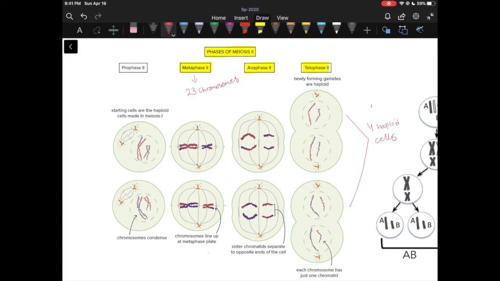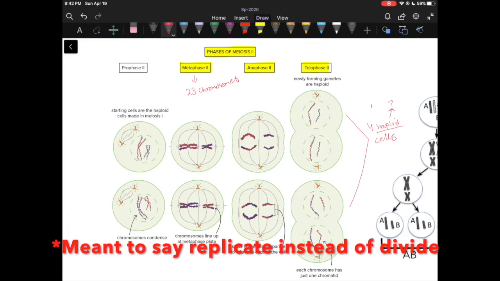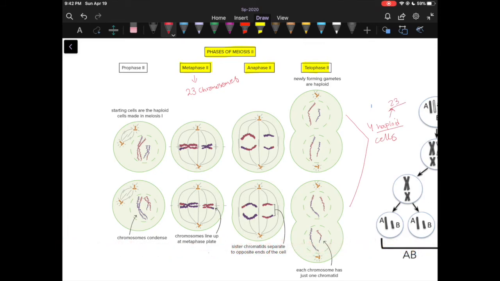The cell won't divide in mitosis with only 23 chromosomes because it has to copy them, so that when they divide, each cell still contains 46 chromosomes. However, since we only have 23 chromosomes in metaphase 2 of meiosis, it's not going to copy them, right? And this is how we get our haploid cells at the end of meiosis with only 23 chromosomes still.